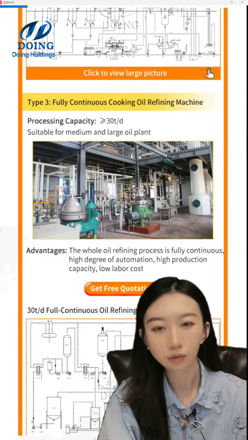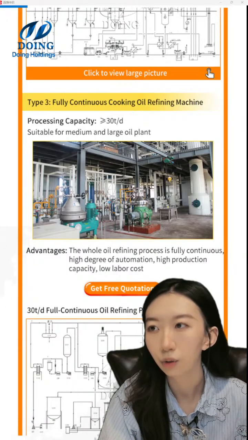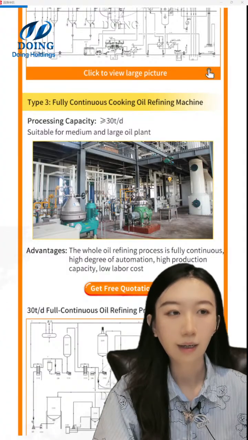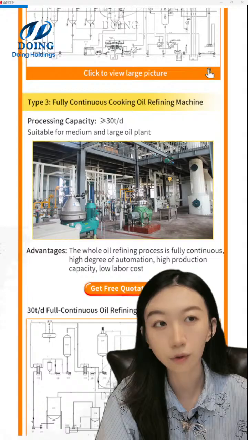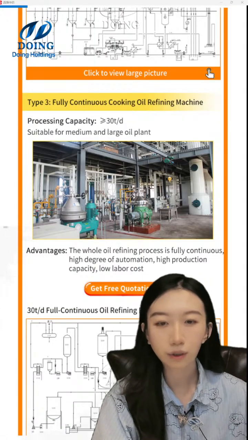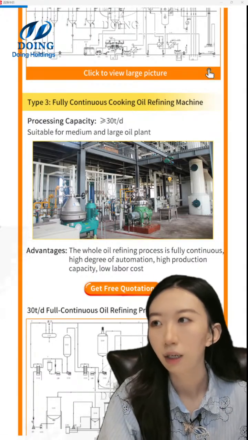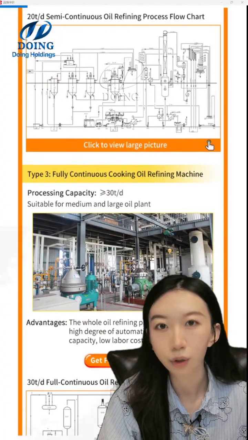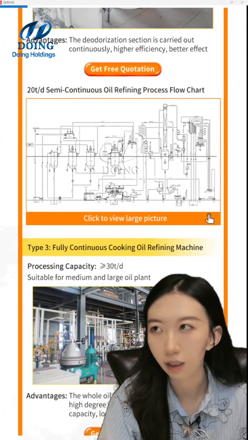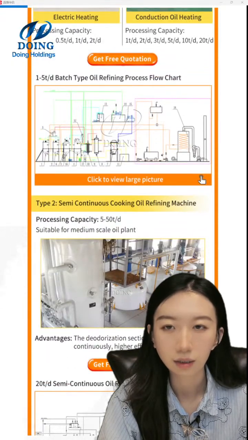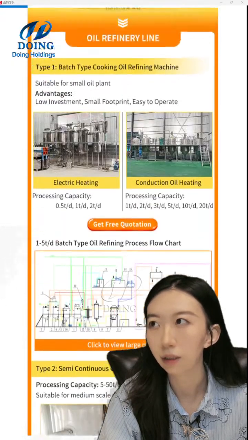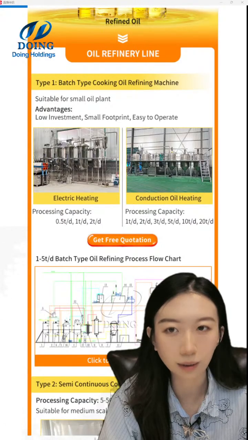The 3 kinds of refining machine are for different capacity, and their automation is different level. You can choose it according to your need. And next, I will introduce the features of the 3 kinds of equipment.